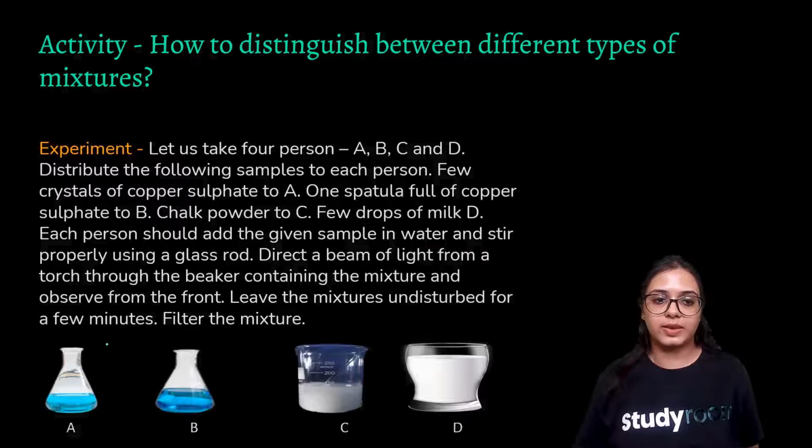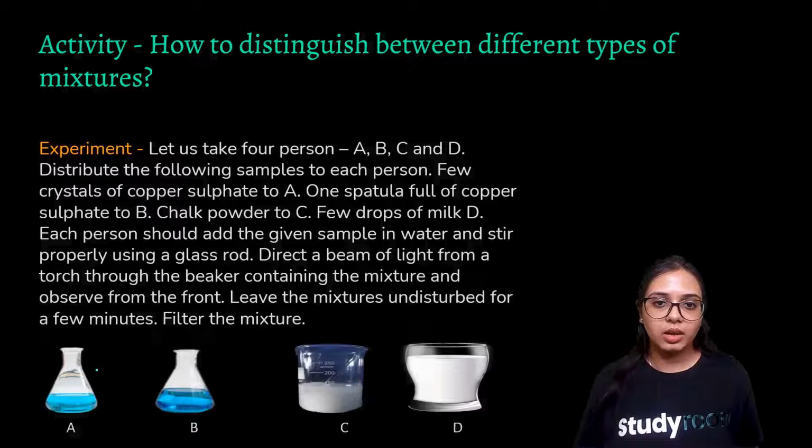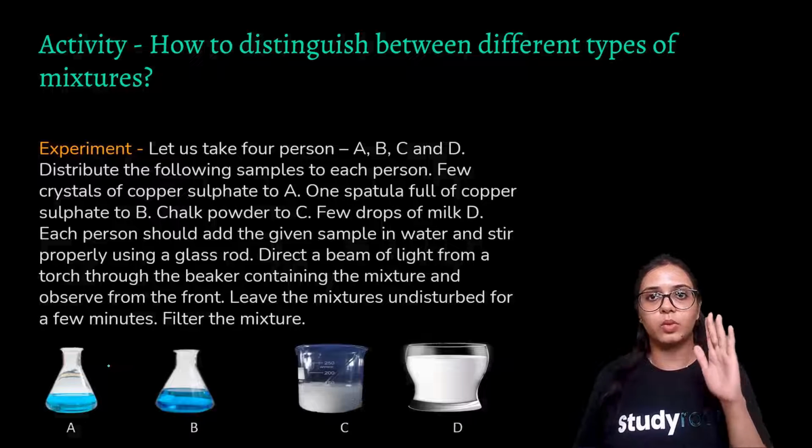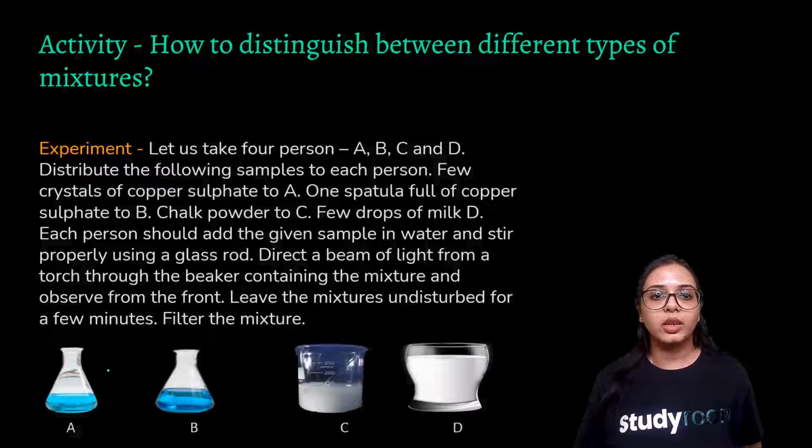In this experiment, we are again taking a beaker, and in that beaker we have some amount of water. So we have taken a few crystals of copper sulfate and we have given them to person A, okay. Then we have taken one spatula full.